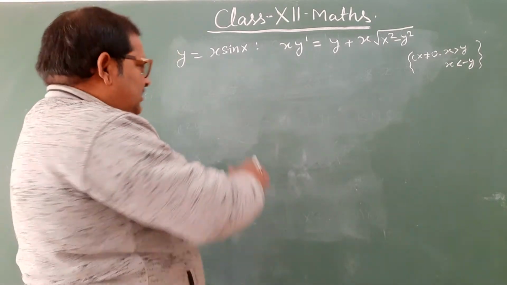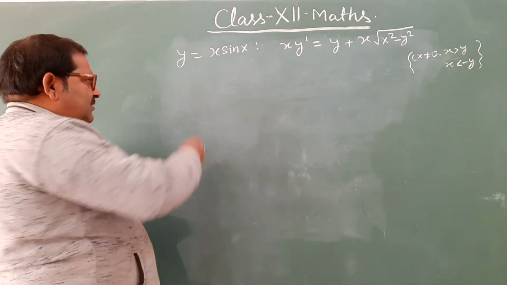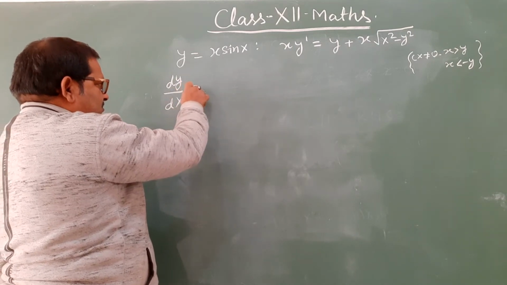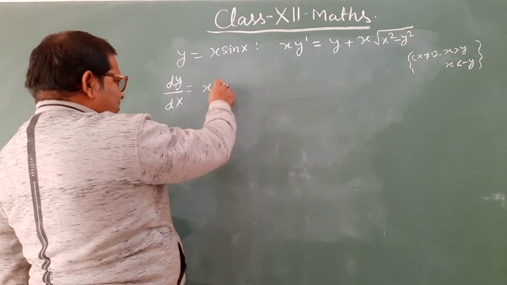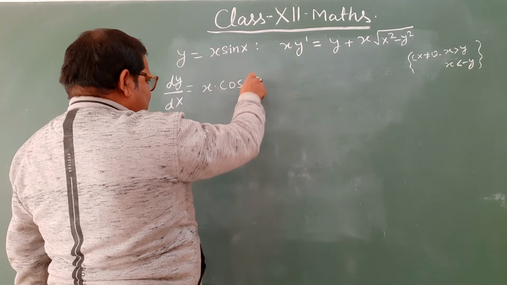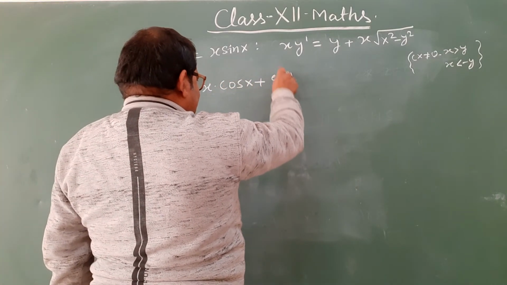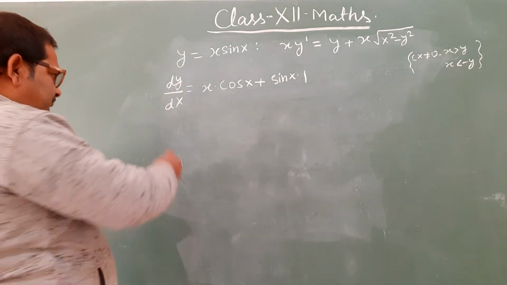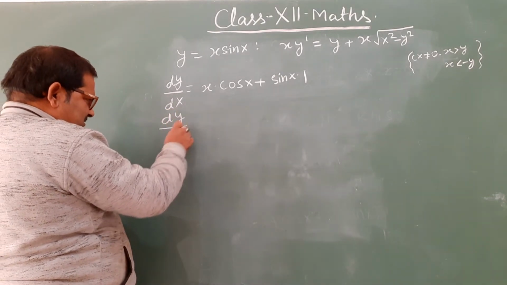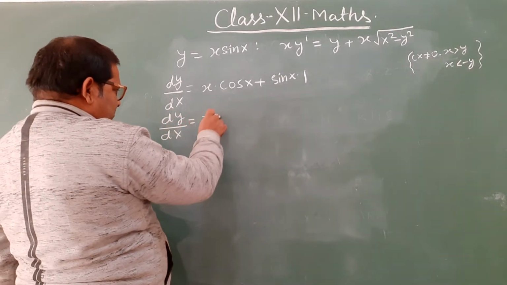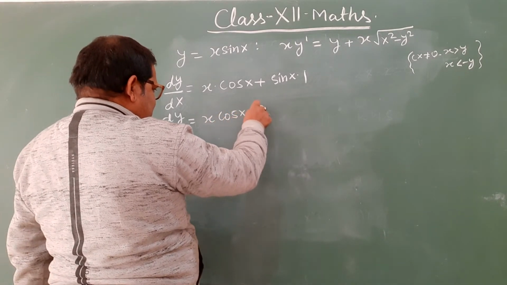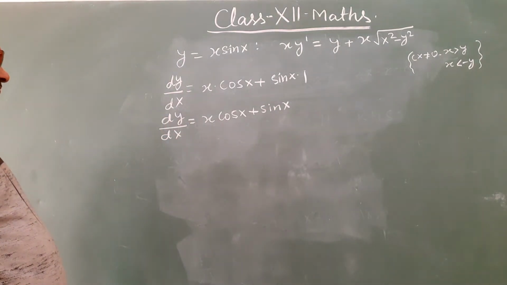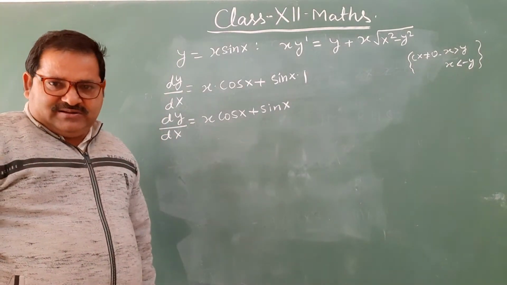Differentiate the given function, dy by dx. First function, differentiation of sin x into 1: dy by dx is x cos x plus sin x.